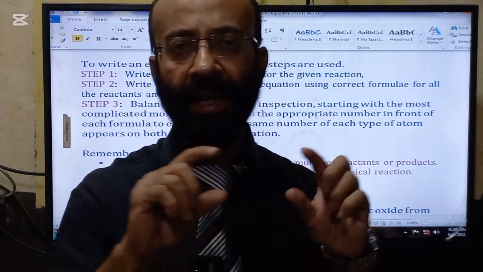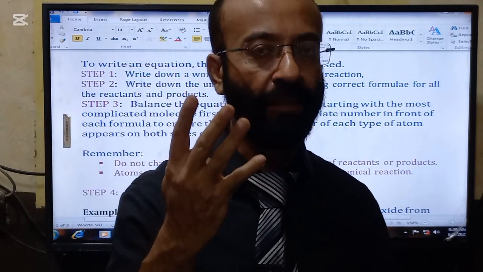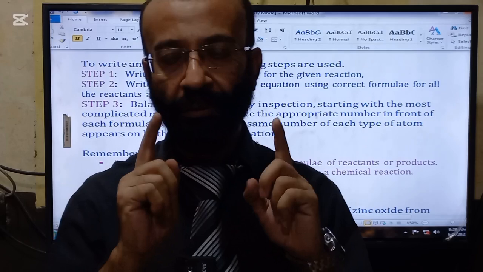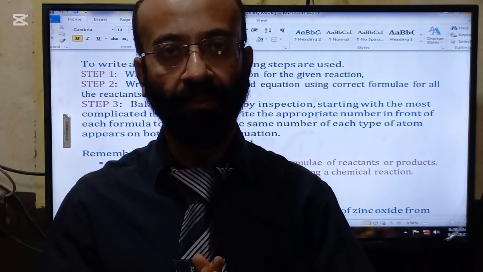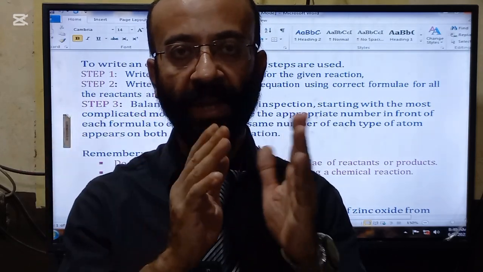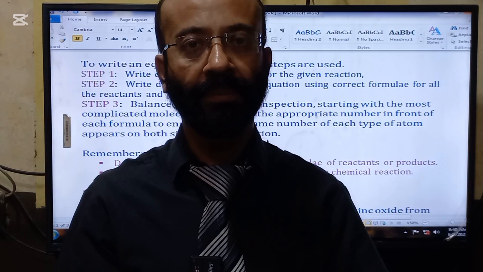So actually, writing the equation of a chemical reaction is a four-step process. In the first step, you write the word equation of the chemical reaction. In the second step, you write the formulas of the reactants and products of the word equation.